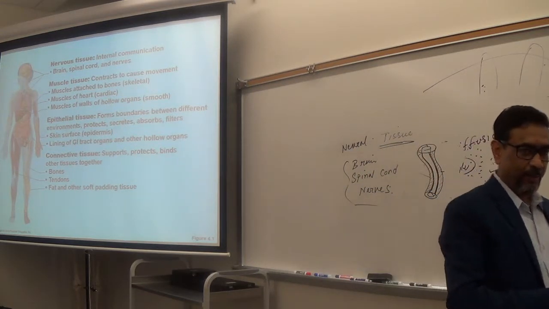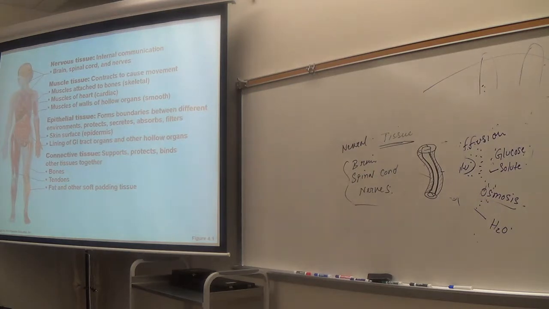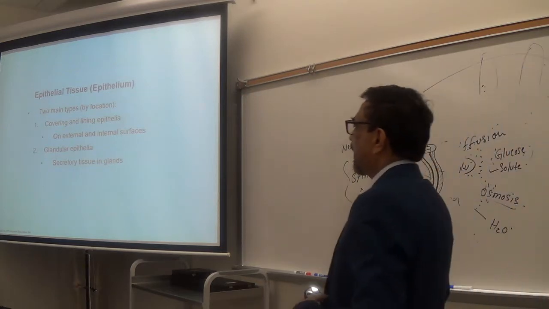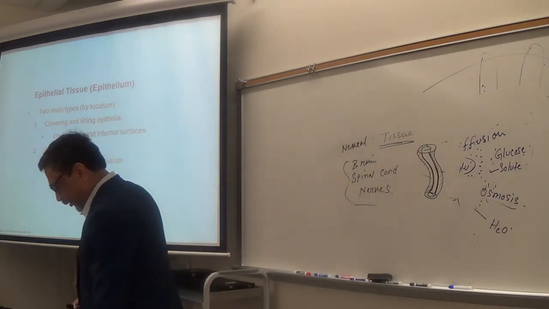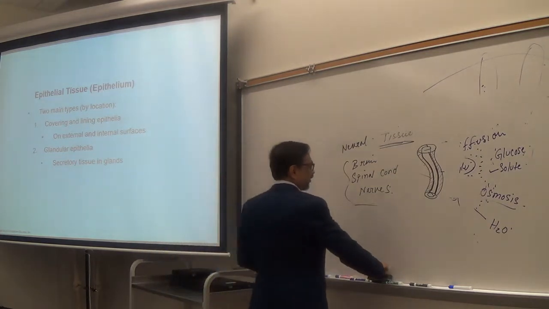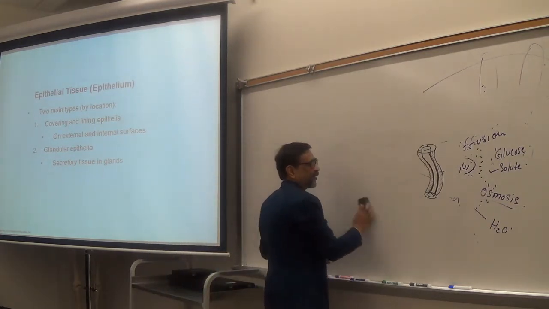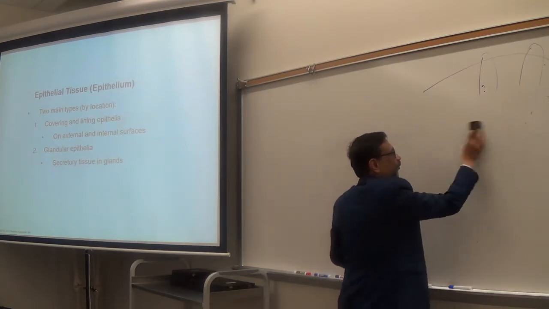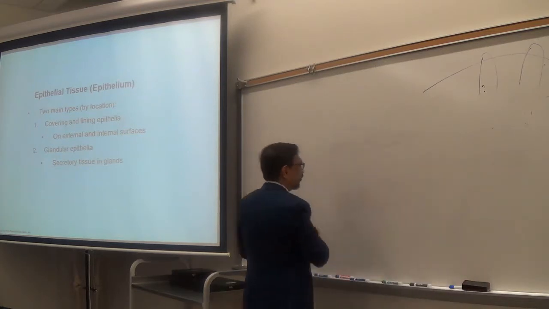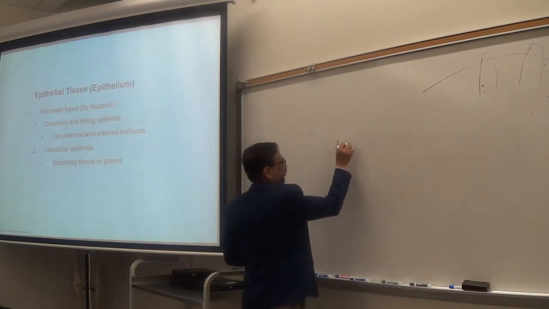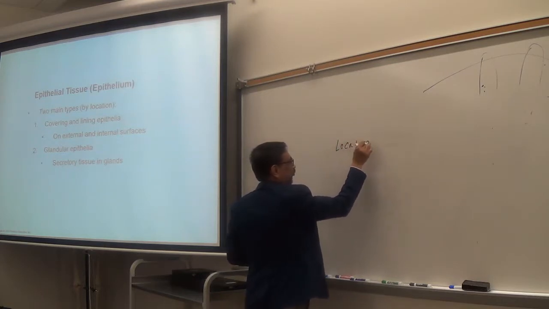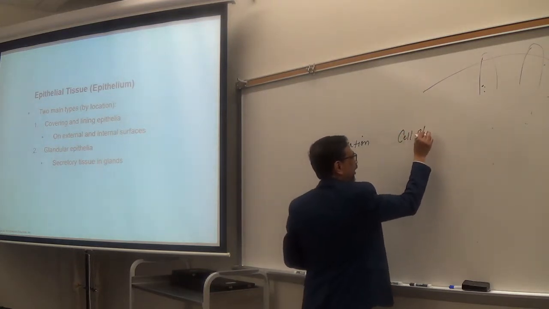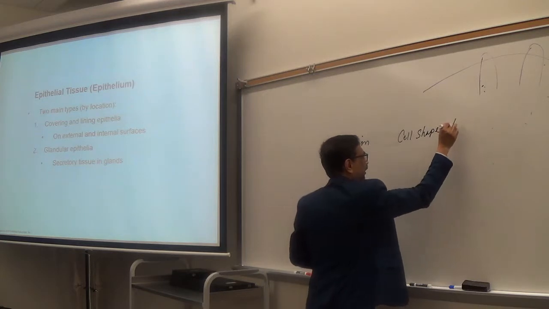So those are the locations of 4 different types of tissues. Epithelial tissue. If we see the classification of epithelial tissue, epithelial tissue is classified based on the location and cell shape and layers.